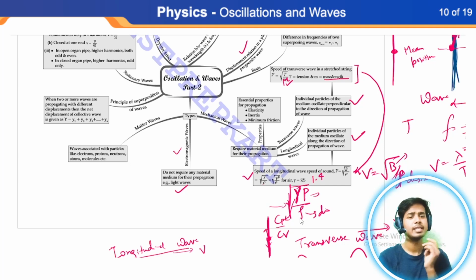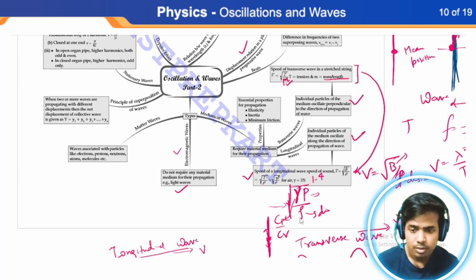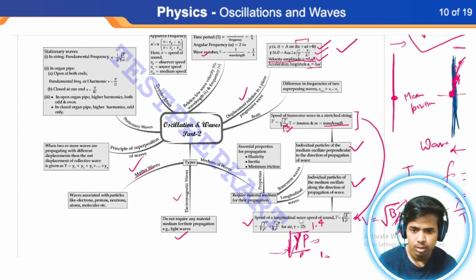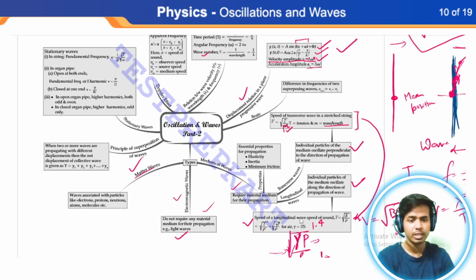They are always perpendicular to each other, and they are oscillating. And there is the matter wave, in which all these subatomic particles can form waves. So this has been covered. I think this is a pretty basic part.